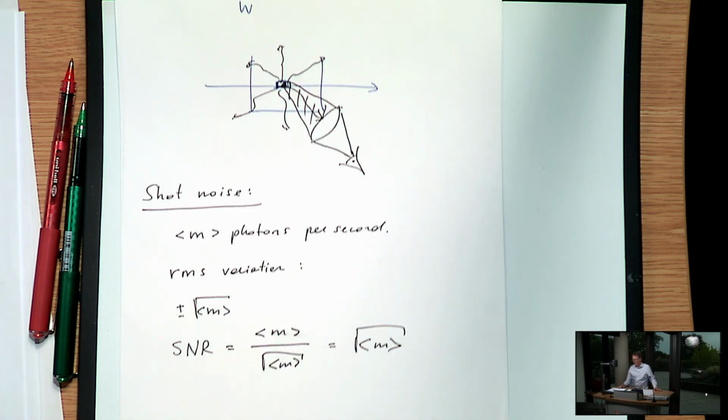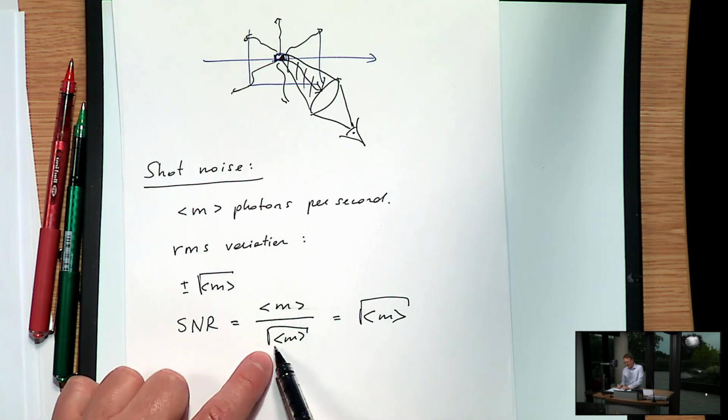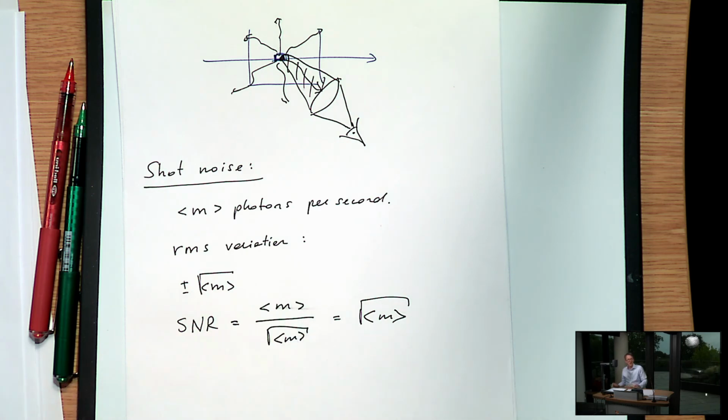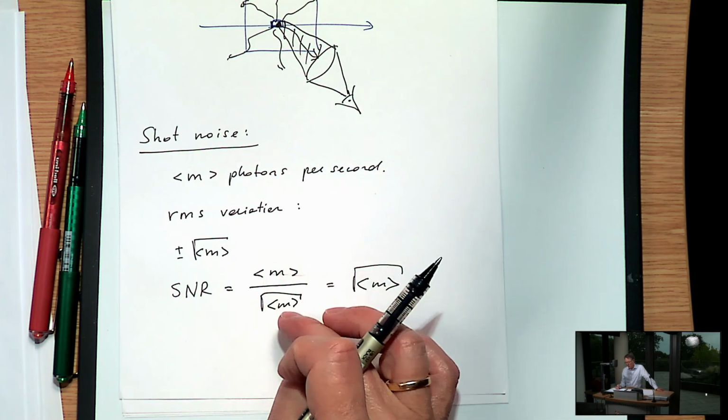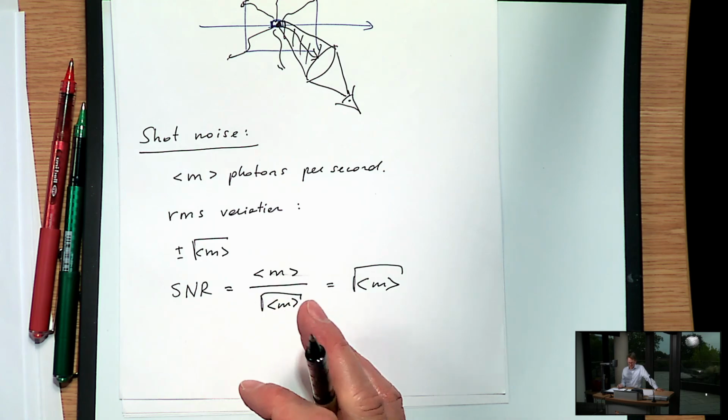So the signal to noise ratio for a stream of 10,000 photons per second will be 10,000 divided by 100, so 100 is the signal to noise ratio. Now, if I have a stream that contains 100 photons, then the signal to noise ratio that you can get in the shot noise limit is 100 divided by square root of 100, which is 10. So it's actually significantly lower.